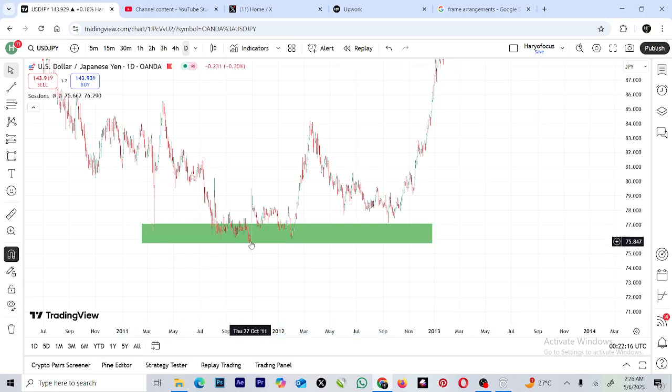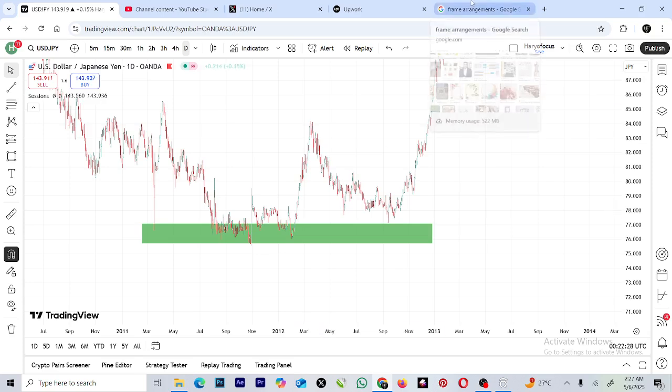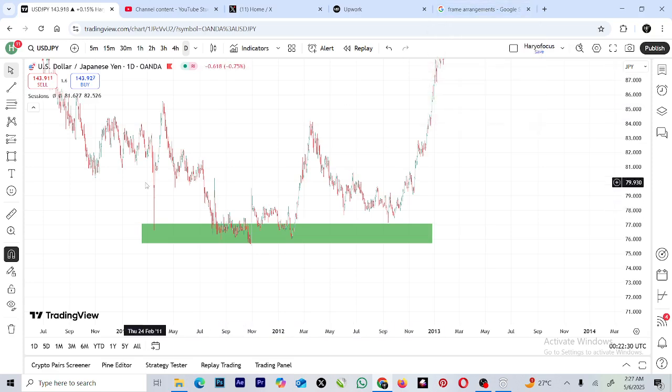One, two, three. That's another support level. This is another support level, but it comes back for retracement before it started going up. So this another support level. One, two, three.